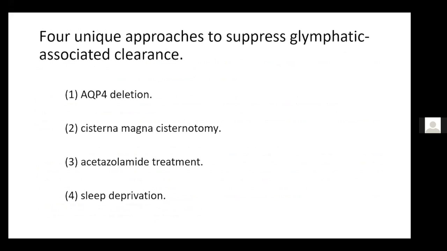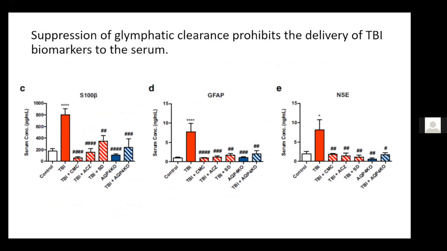Two is cisterna magna puncture, and sleep deprivation, and acetazolamide treatment. The suppression of glymphatic clearance prohibits the delivery of TBI biomarkers to the serum.